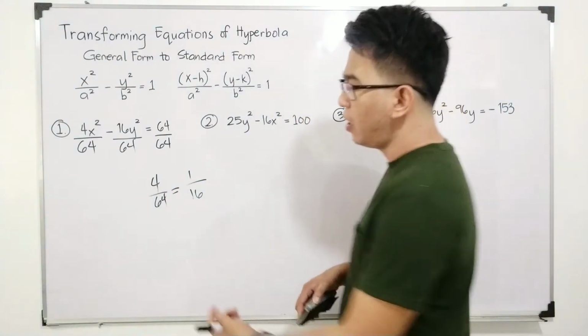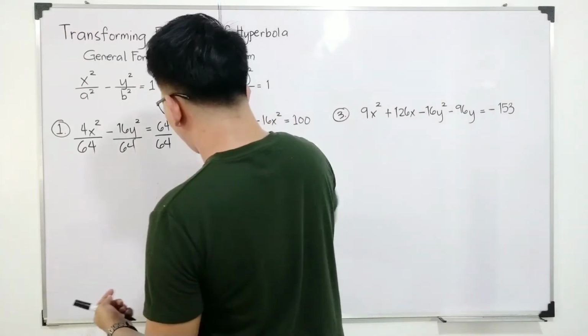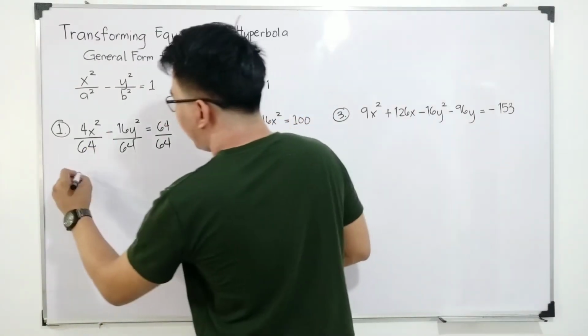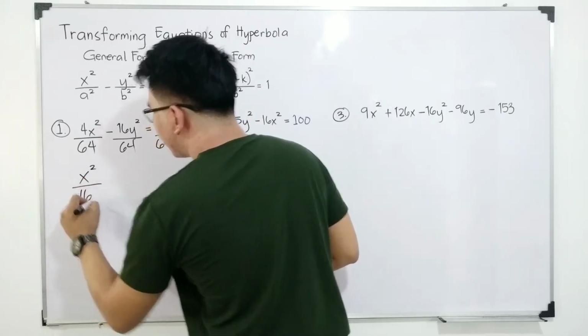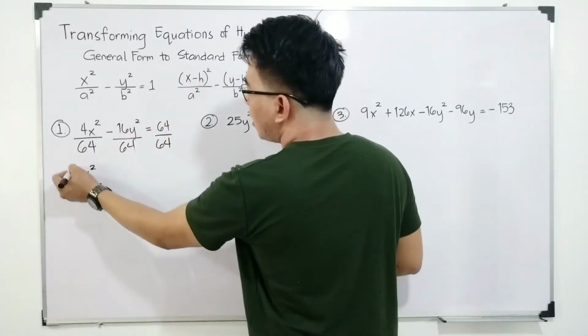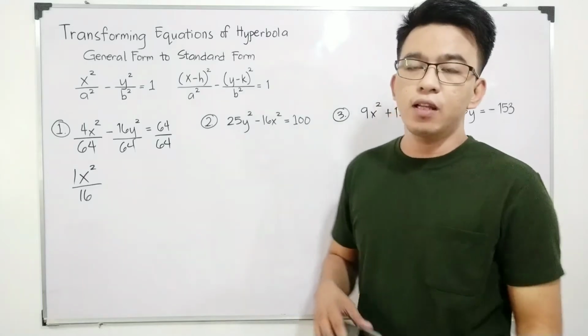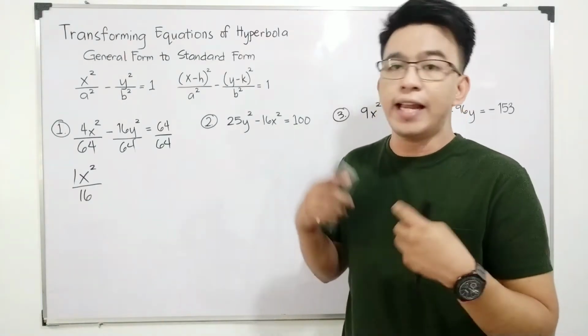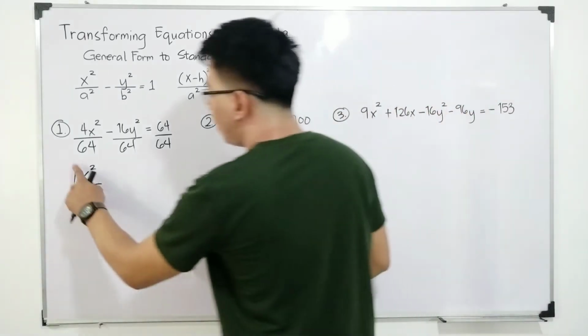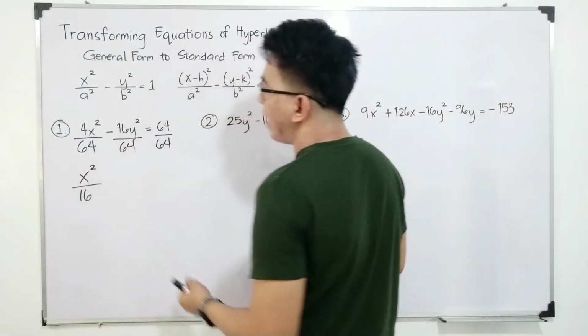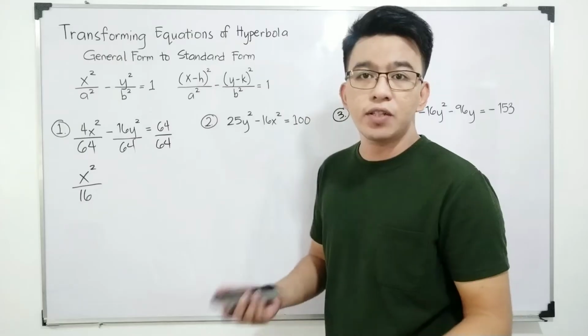Okay? Therefore, if we have the x squared, it goes like this: x squared over 16. Sir, where did the 1 go? Since we have the x squared, no need to write 1 because we can express 1 as an invisible number. Okay? Now, sir, how about this one? We have minus 16y squared over 64.